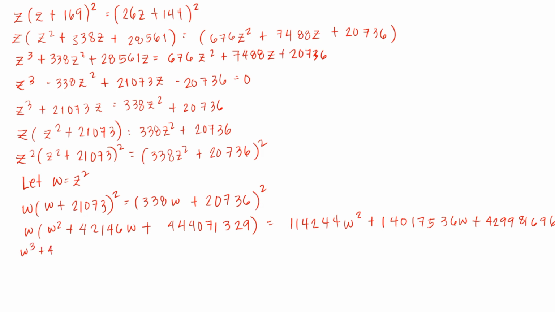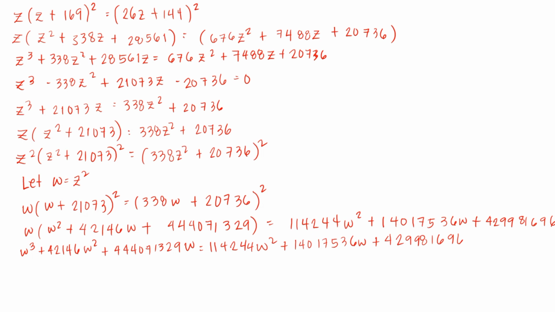Okay, then I will distribute the w. So I will have w cubed 42146 w squared plus 444071329 w. Then just rewrite the right side of the equation, 429981696. Okay.